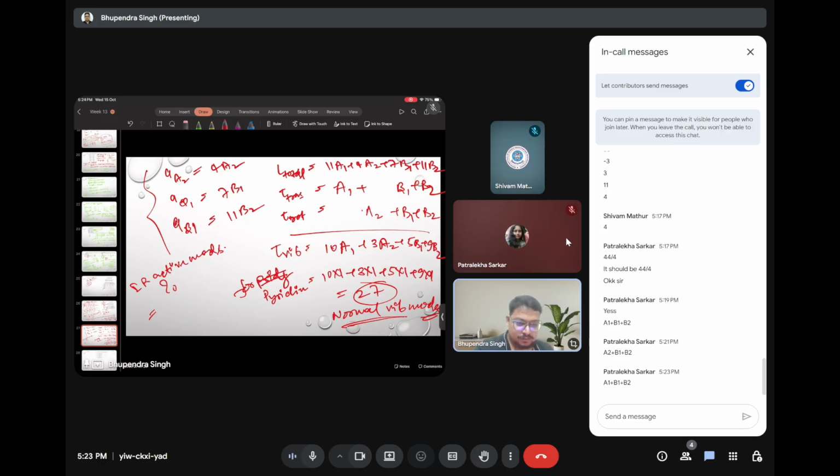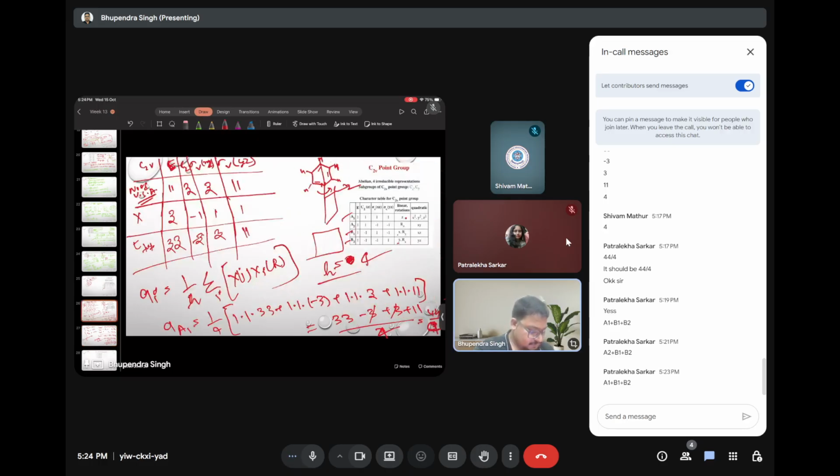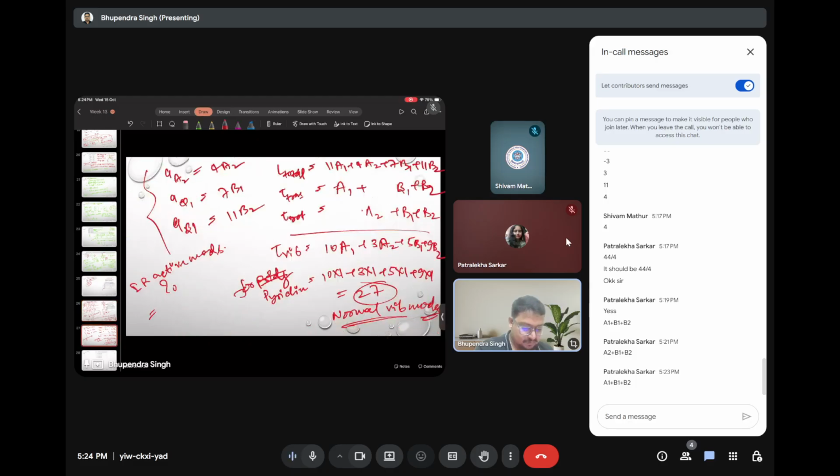A1 plus B1 plus B2. These are your symmetry species. Now I'm asking the number of IR active modes. How many IR active modes are there?